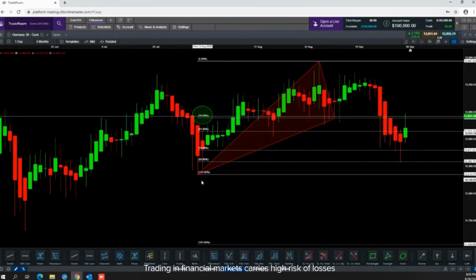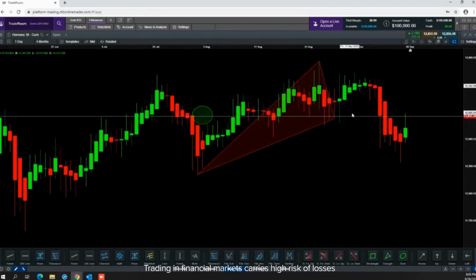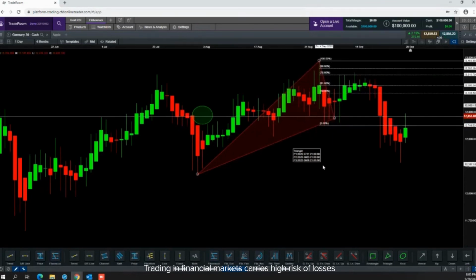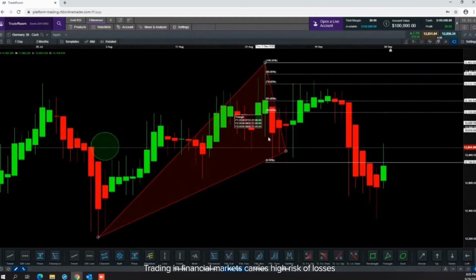Now, however, just because the B has taken support does not necessarily mean it's a pattern. We need to wait till even C and D completes. Now, let's look at A to B. If you look at A to B, it has gone back up to this level here and it drops again.